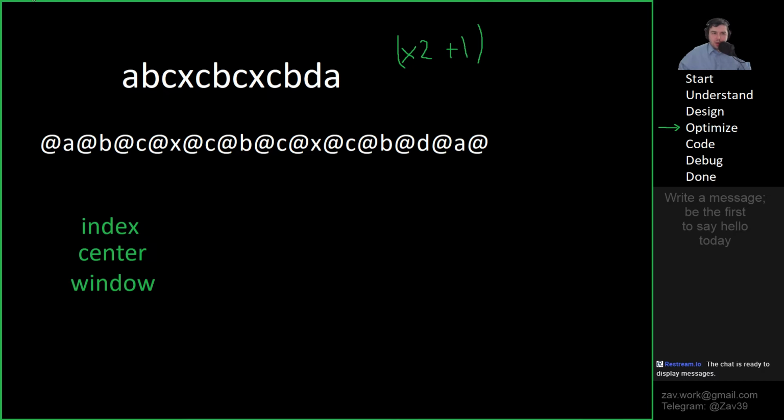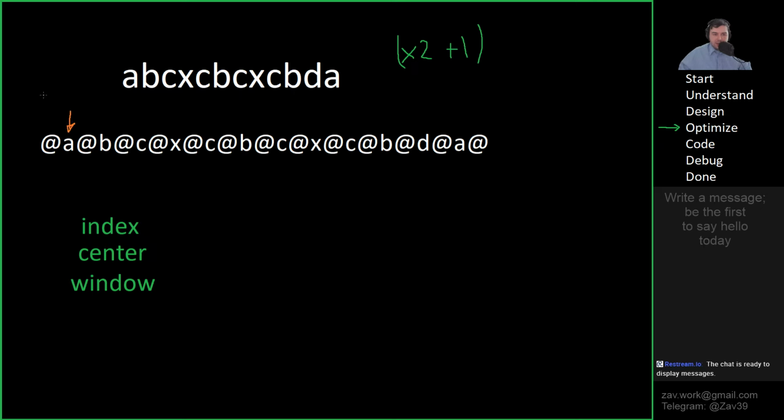So how will it work? Let's start with the previous approach, but with our new string. And when we get the first palindrome that is greater than 1, I will explain. So we start with the first symbol.